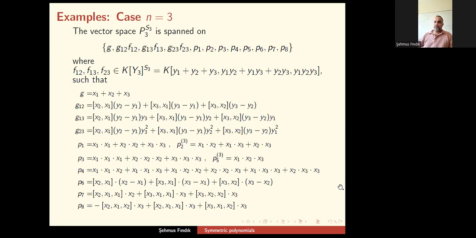And in the case of 3 elements, of course, we have more elements in here. Pay attention that these Y's stand for the adjoint operator. G12, G13, and G23 are the Lie elements here, and all others are non-Lie elements.